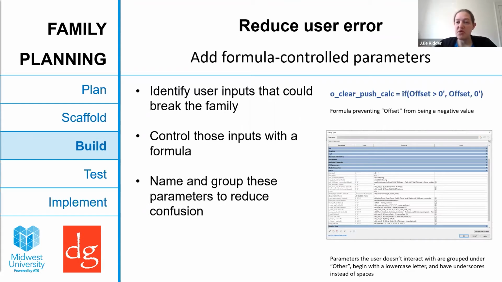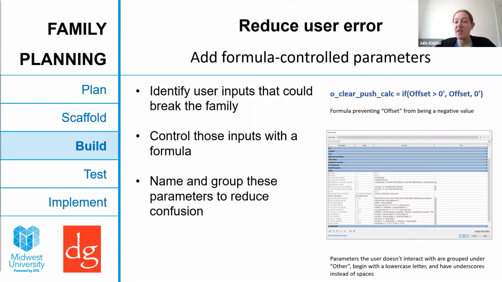Every time I have an array in a family, I have several control parameters that make sure that array never gets below 2, but then changes the visibility of that array and hides it if the user desires an array count of less than 2. And that prevents that error.